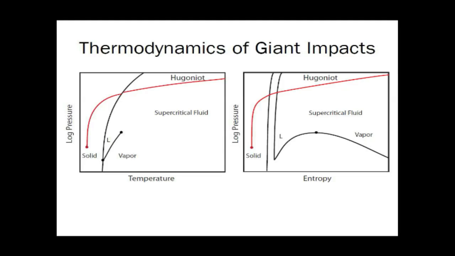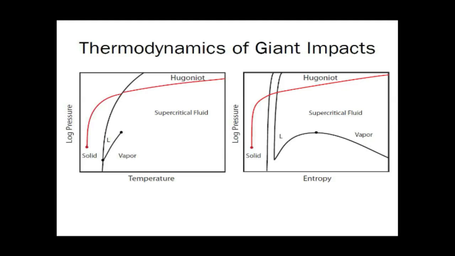When a parcel of material is shocked, it achieves a high pressure-temperature state that lies somewhere on the red line that we call the shock Hugoniot. And material that is shocked to a high pressure state and then decompressed back down to ambient conditions, it's a transient event, can be vaporized if it's shocked sufficiently high that when it decompresses, it intersects the liquid-vapor phase boundary.